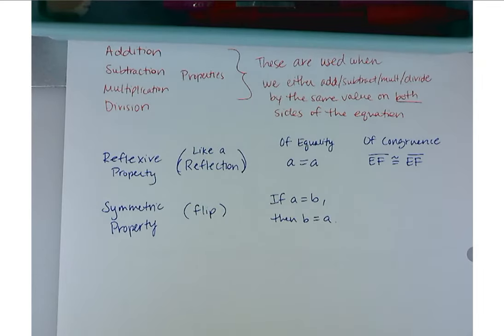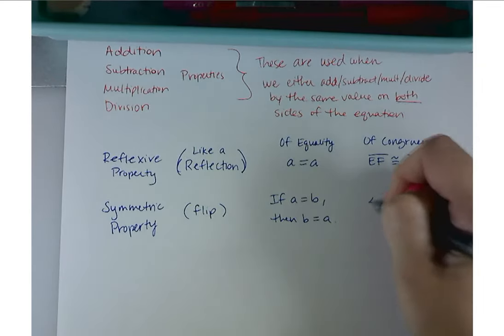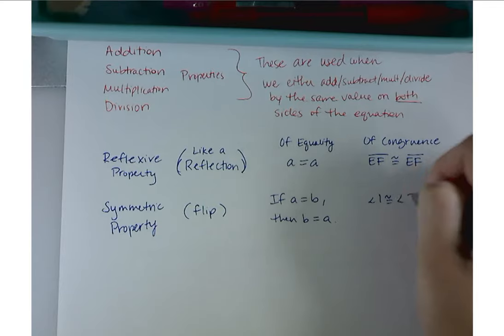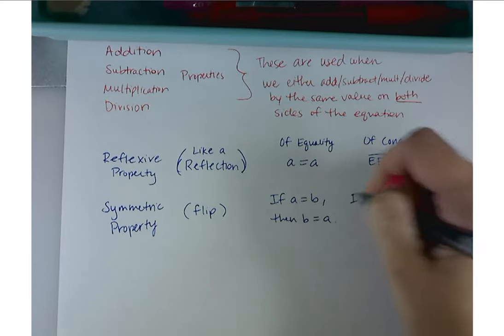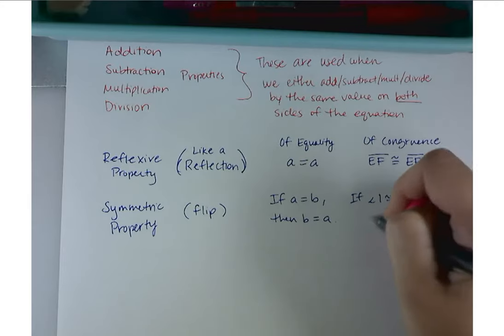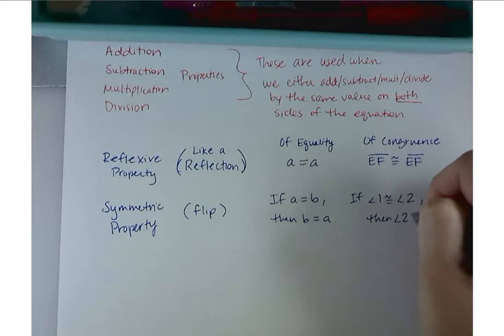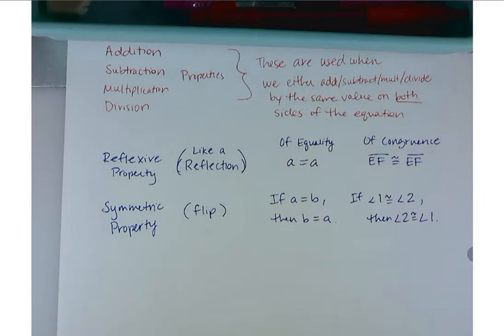And then for congruence, you'd have something like if angle 1 is congruent to angle 2, then angle 2 is congruent to angle 1. So again, it's the same values, but they're given in the reverse order, so in a flipped order.